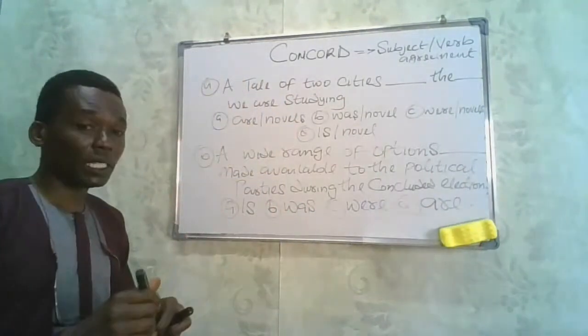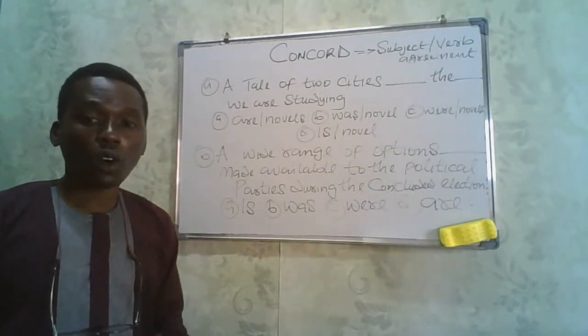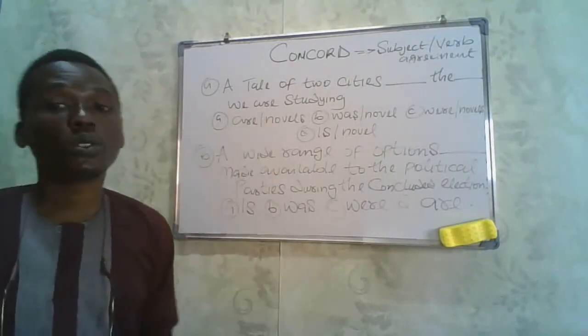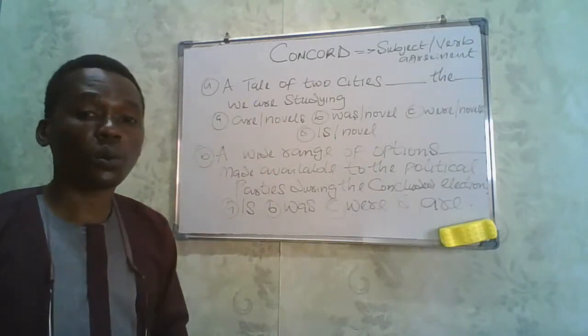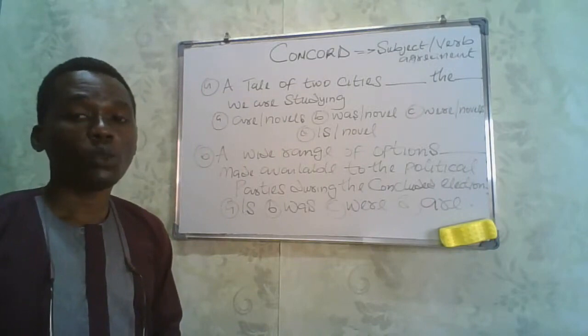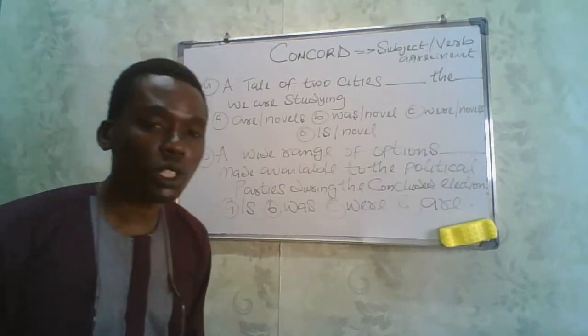So I want you to look at these questions thoroughly. Check the options that best suit these questions. And don't forget to drop your answer. I'll be so glad to engage with you. Now look at those questions, get an answer to them, and then we'll discuss further.